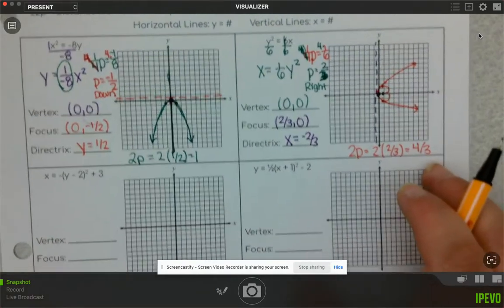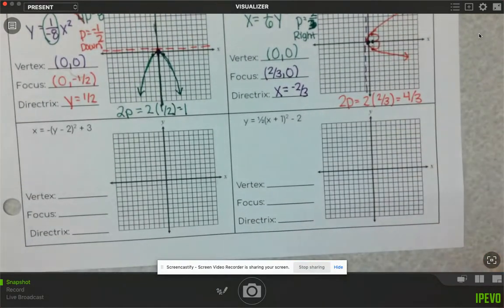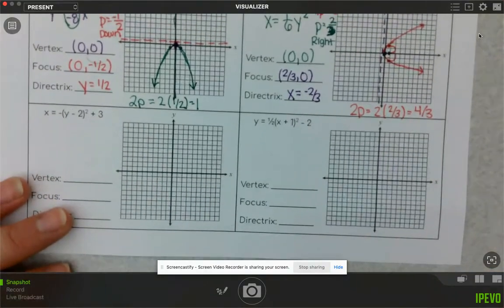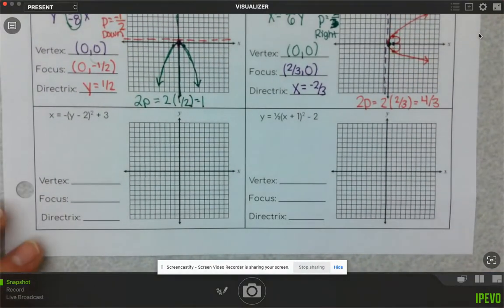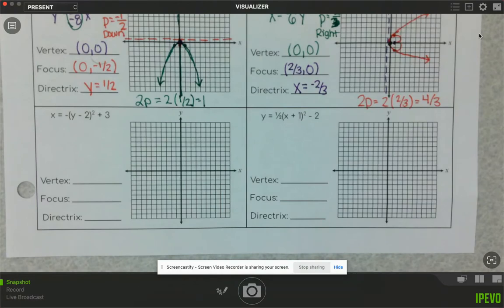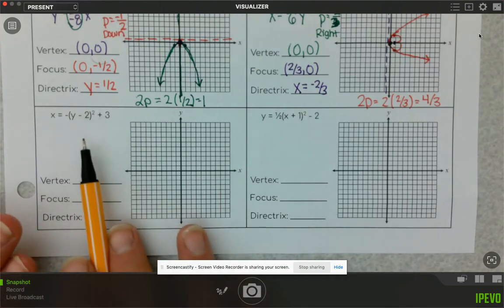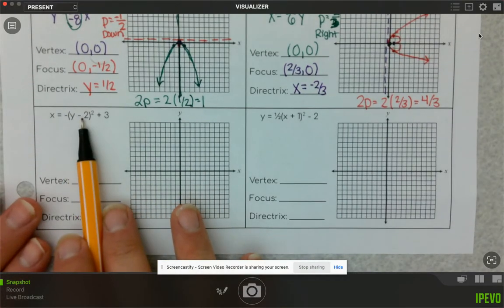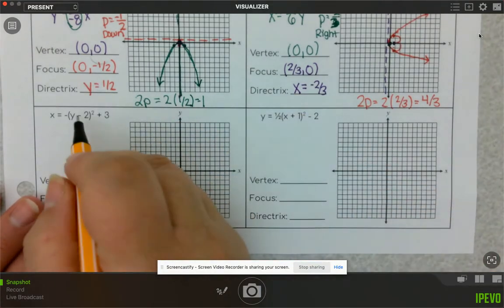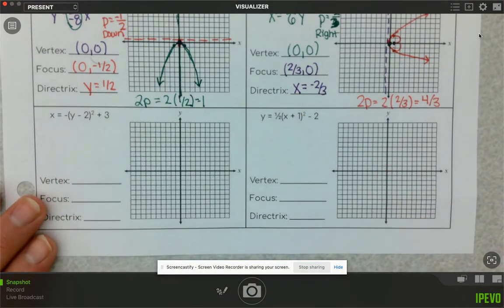All right, now let's do some that have a little bit less fractions so you can see them a little bit better. I kind of tried to start off with the harder ones in the beginning. With your vertex, be careful, because the vertex on this one looks like it's going to be 2, 3, but it's actually not.